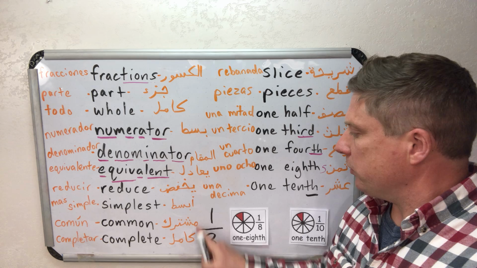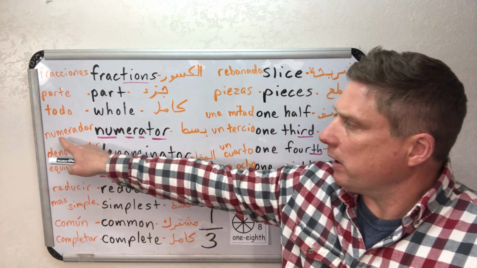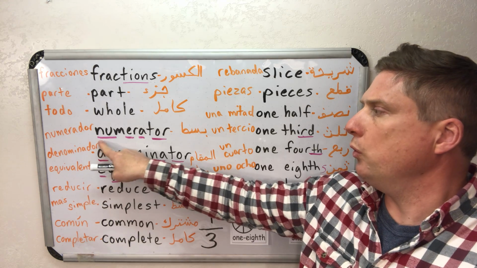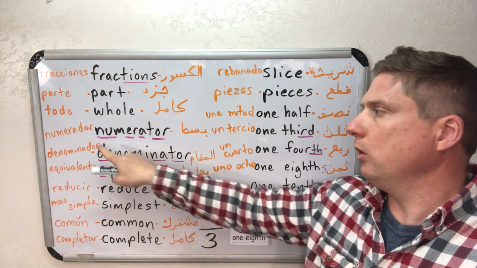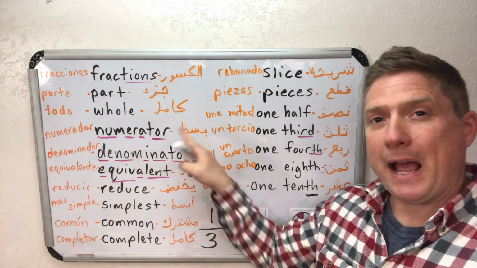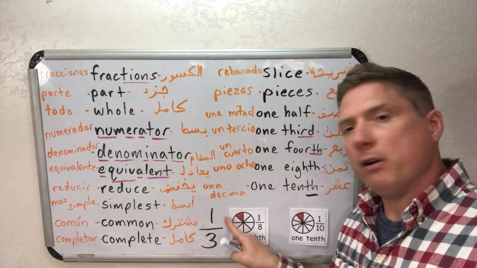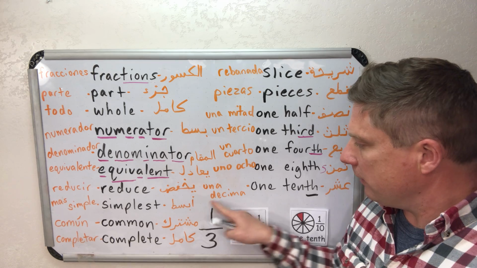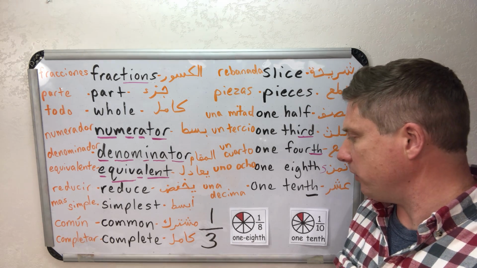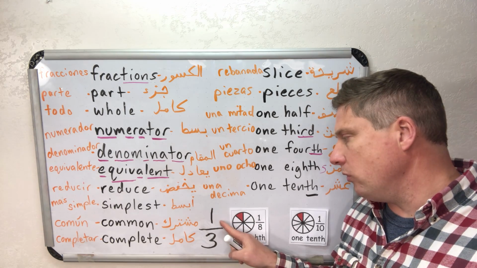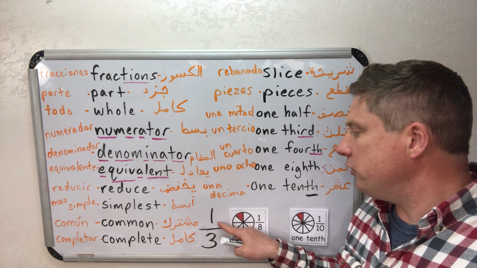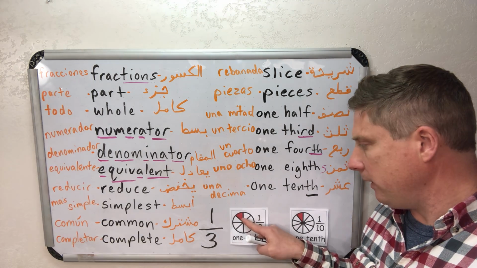So here, الكسور هنا, numerador, البسط is numerator. Numerator. That's the number that goes on top of the fraction. So the numerator, رقم فوق في كسر, on top of the fraction. And that tells you how many pieces we have. كم أجزاء موجود. Okay?